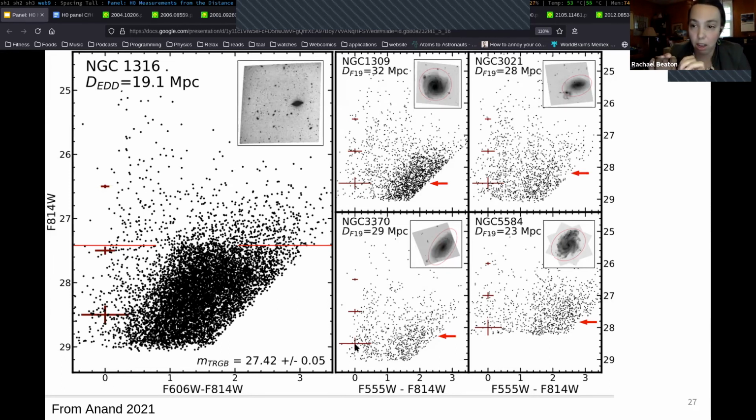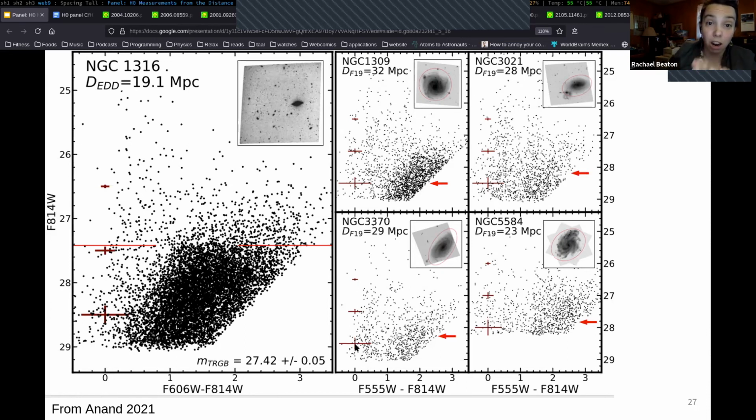This is just a statement of where different methods do different things. So some of our CMDs look a little different. There's a beautiful analysis that Taylor Hoyt, who's here, has done looking at where we actually think it's safe to do our tip measurements.